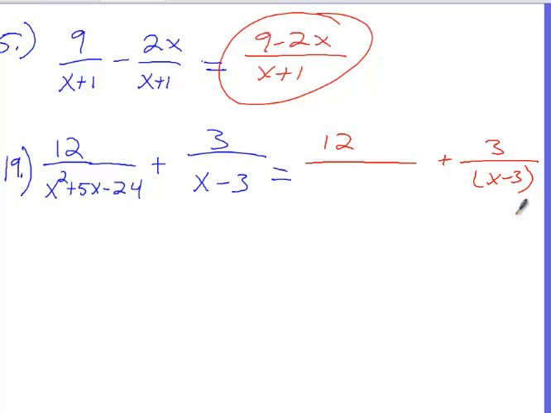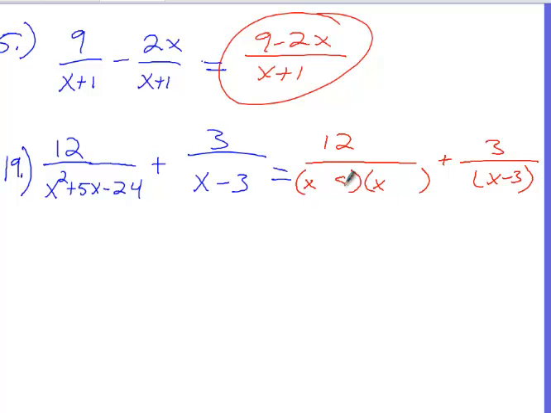Okay, x squared plus 5x minus 24. I need to know if that can be factored. So in order for it to be factored, because I have a lead coefficient of 1 on my x squared, I need 2 numbers that multiply together to get 24, but when you subtract them, you get 5. Do those numbers exist? What are the factors of 24? Give me the first 2 numbers that you can think of that multiply together to get 24. 8 and 3. Well, can you subtract those and get 5?